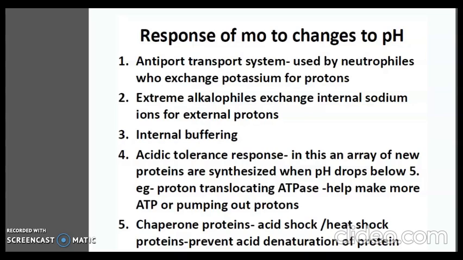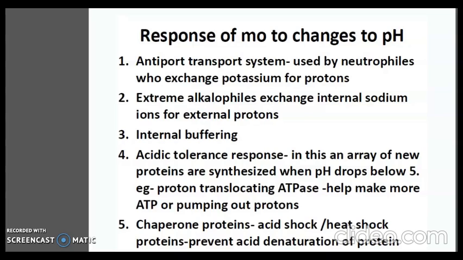If the external pH drops below 5.5 to 6, organisms such as E. coli and Salmonella typhimurium synthesize a new array of proteins as a result of high ATPase activity in order to pump protons out of the cell. This is referred to as their acid tolerance response.